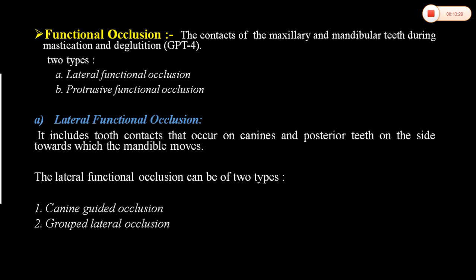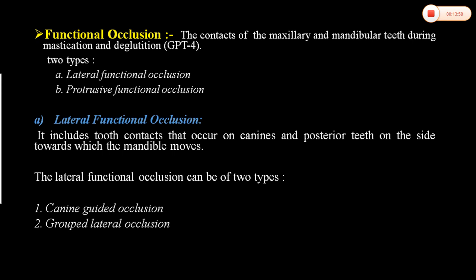Lateral functional occlusion includes tooth contacts that occur on canines and posterior teeth on the side towards which the mandible moves. As I told you, when you move the mandible towards the right side, that is the working side. When you move the mandible towards the right side, canines and posterior teeth will contact.